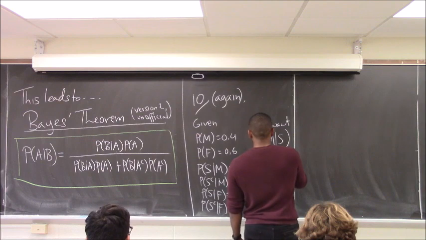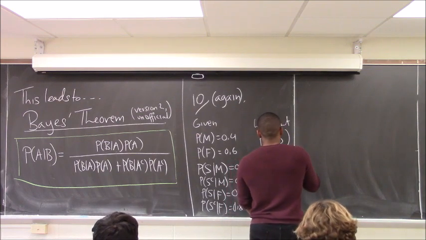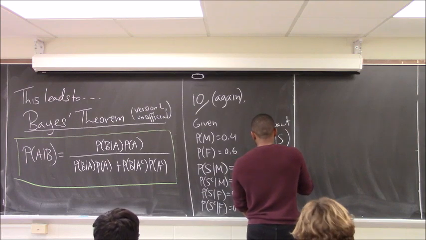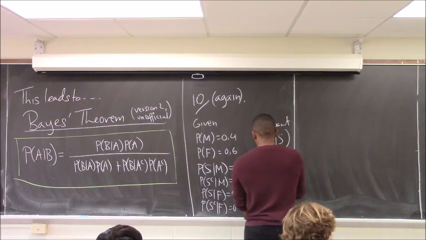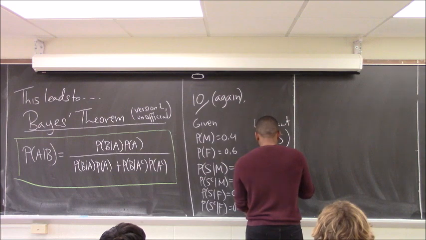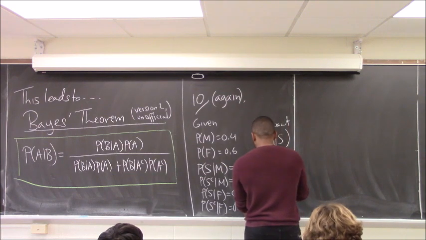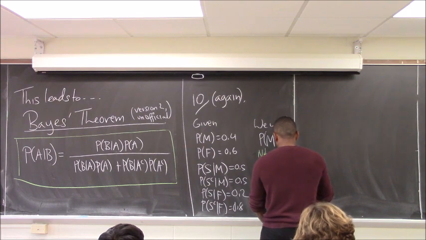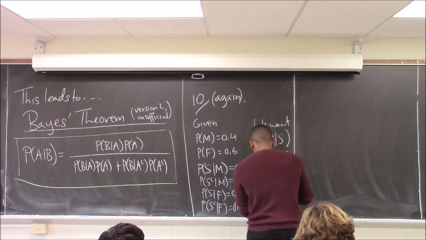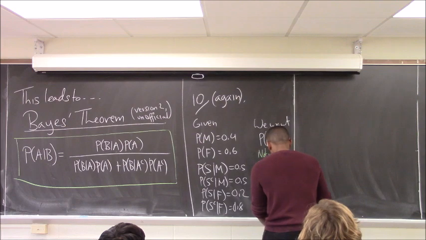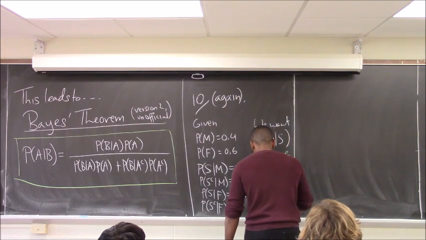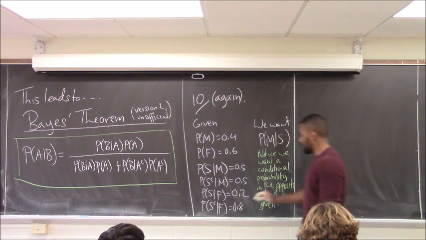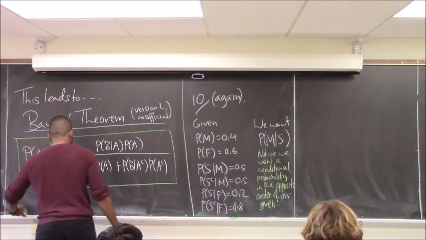Notice we want a conditional probability in the opposite order of our given. So this tells us we can actually apply Bayes' theorem here to find the answer.